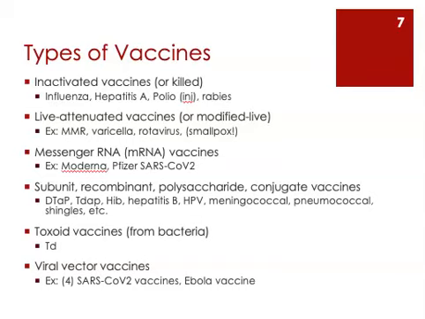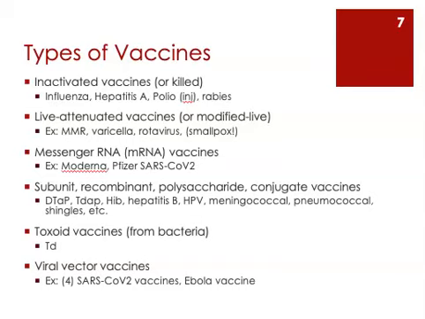For inactivated or killed vaccines, good examples are the influenza or the flu vaccine that we are recommended to get every year by October, the hepatitis A vaccine, the injectable form of the polio vaccine. Remember, there's also an oral polio vaccine. And also the rabies vaccine that I mentioned earlier that veterinarians are routinely given.